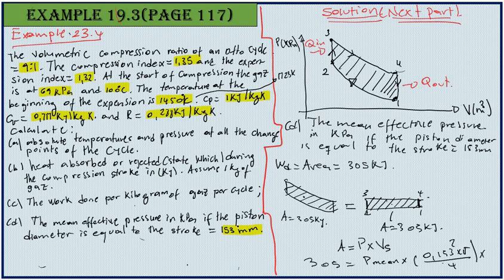Since they say that the diameter is the same as the stroke, we have the stroke here of 0.153. And then we can make the mean pressure subject of the formula.